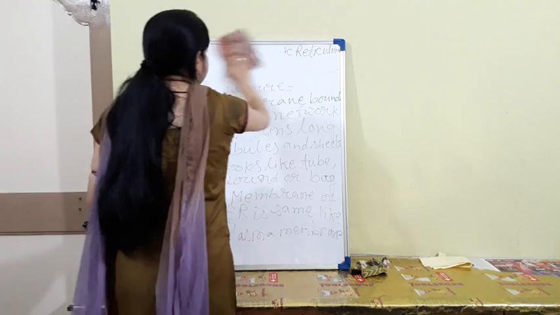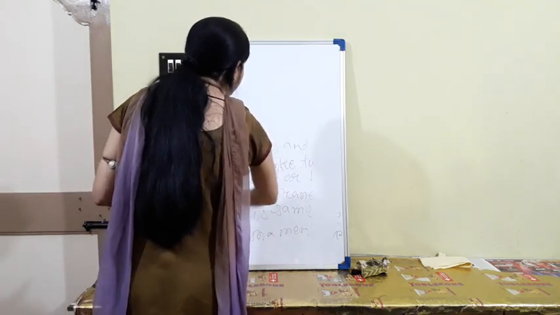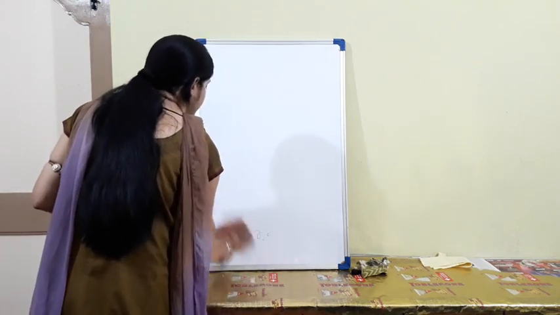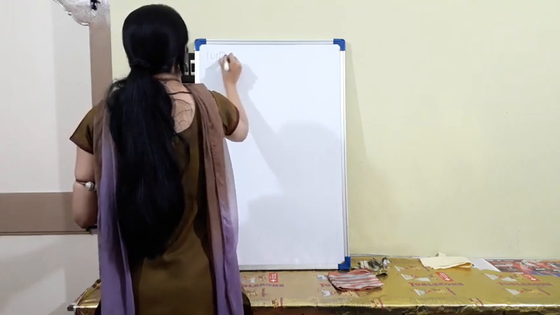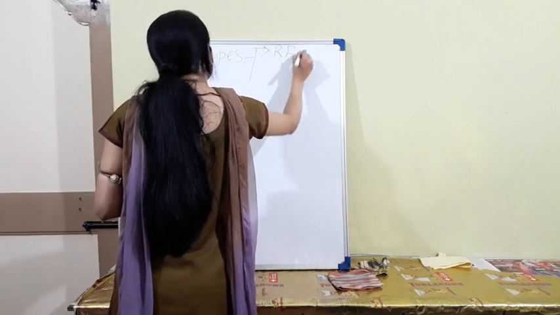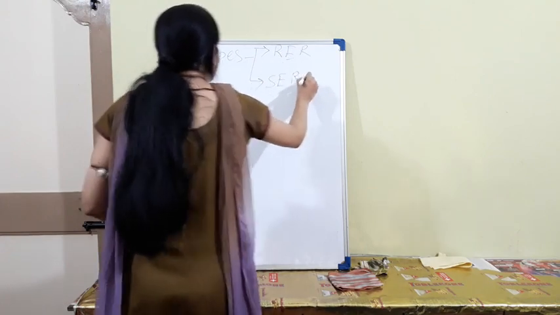Next, types. How many types of endoplasmic reticulum are there? Two types, RER and SER.